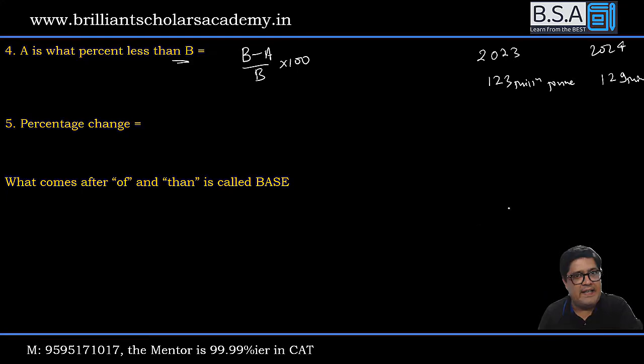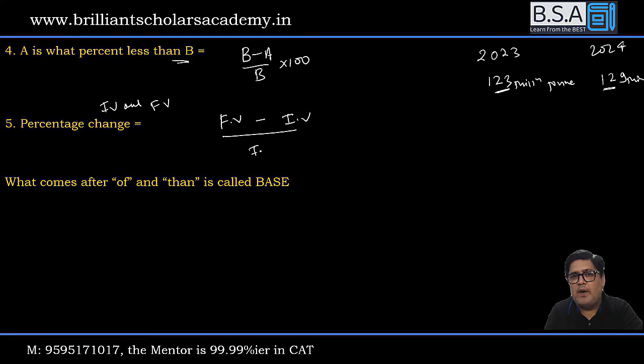What is the percentage change? Percentage change always happens between two values called initial value and final value. It is written as final value minus initial value upon initial value into 100.